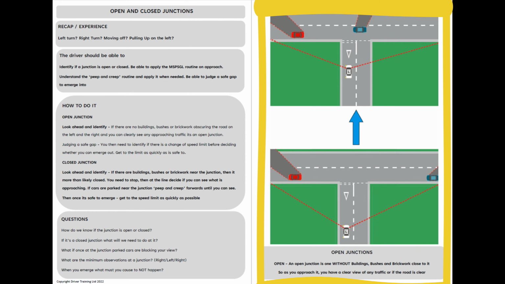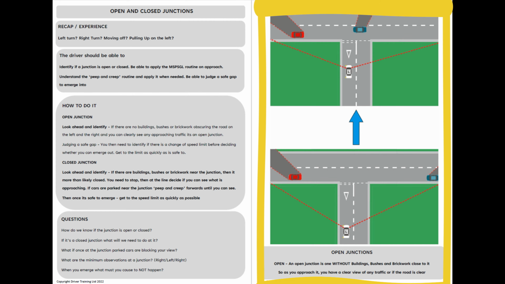Well, an open junction is one without any buildings, bushes or brickwork. So in our bottom picture there, as we're approaching it, we've got quite a good view to the left. We can see the parked car. We can look to the right and see the blue car coming.